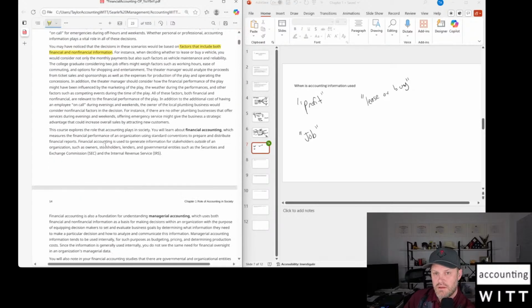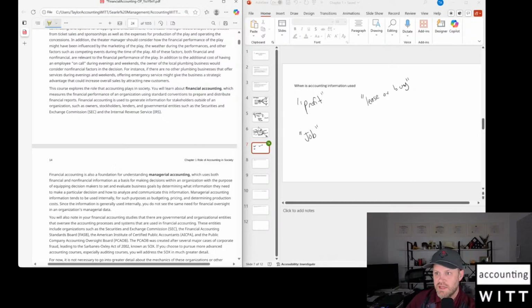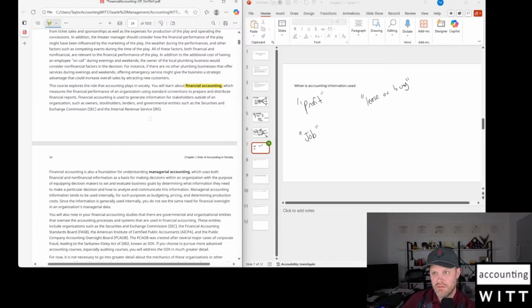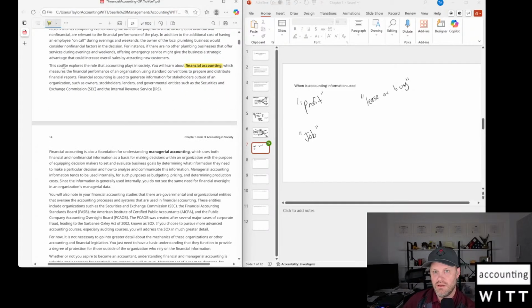All right. So that's all just laying the groundwork for what is financial information and why is it important to know, and then it looks like we're going to learn about this dialect of accounting, which is financial accounting, which measures the financial performance of an organization using a standard convention to prepare and distribute financial reports.